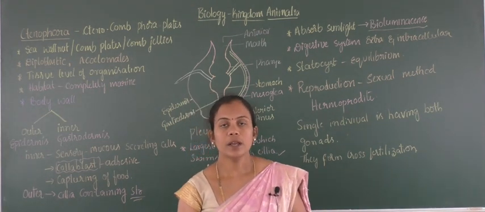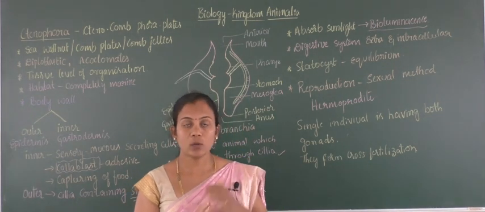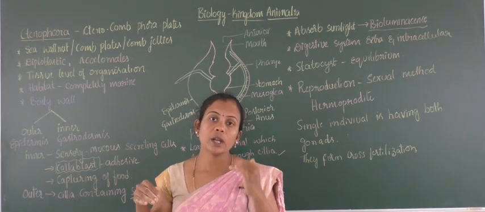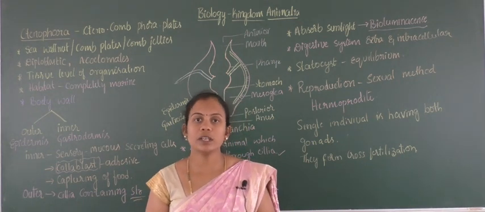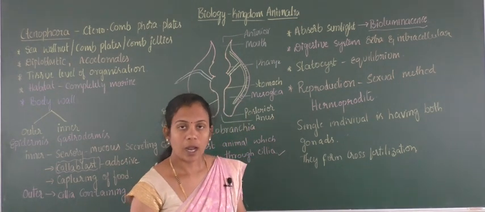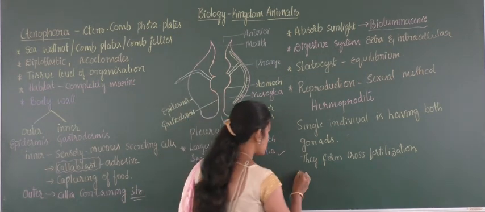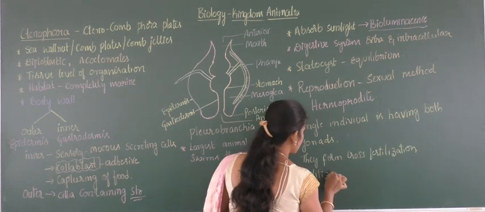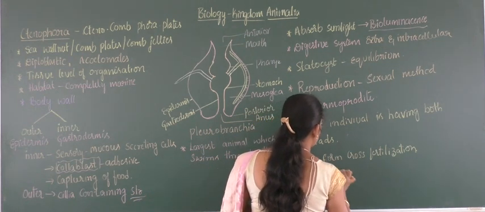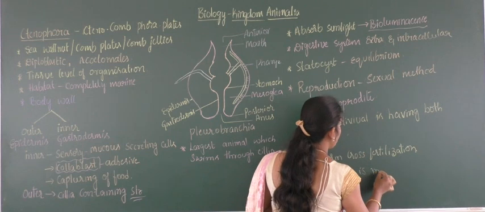Say, for example, here it is protandry. Then what happens? First the sperm is released, and later the fertilization process takes place. And here, fertilization is internal.